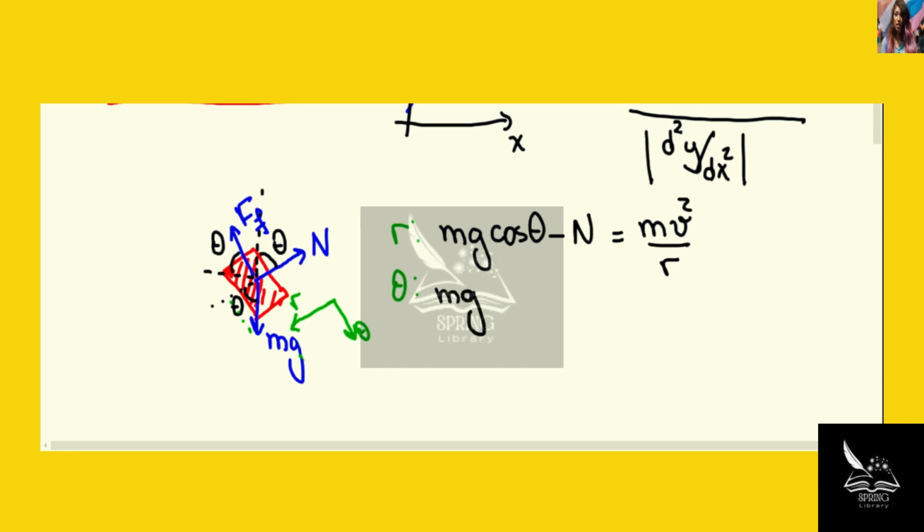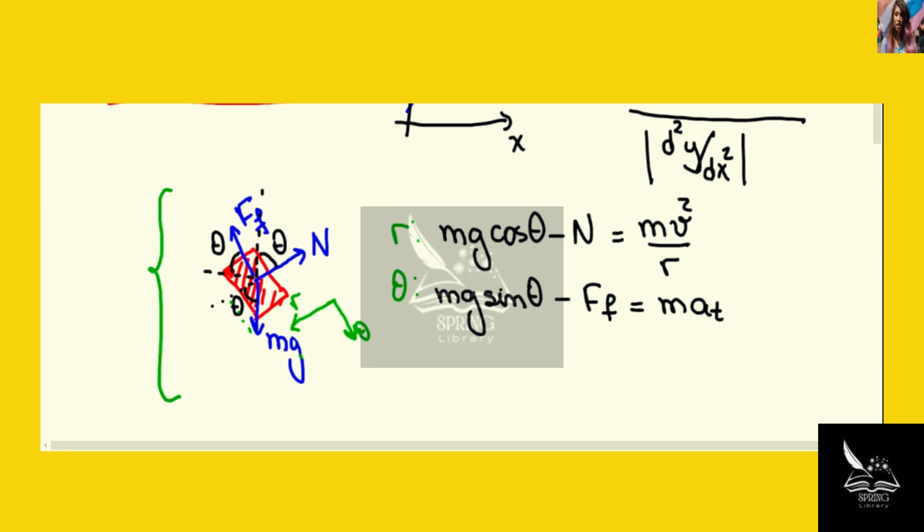Along the theta direction, we have mg sine of theta minus f, which is the friction force, and this is equal to m times the tangential acceleration. Okay? So let's leave this here. We're going to use this.